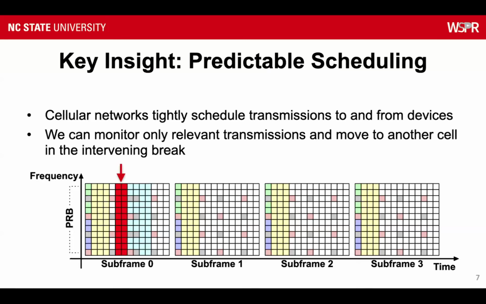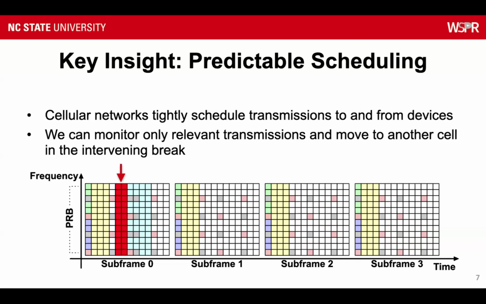On this resource grid that I have drawn here, we organize signals in time and frequency and draw them on a grid so we can keep track of them. Let's say that the signal of interest that we want is just the two red stripes in subframe 0, and that's all we want to listen to. Then we only need to be tuned onto the cell to receive that signal. Any other signal that's present within the cell is irrelevant for our purpose.